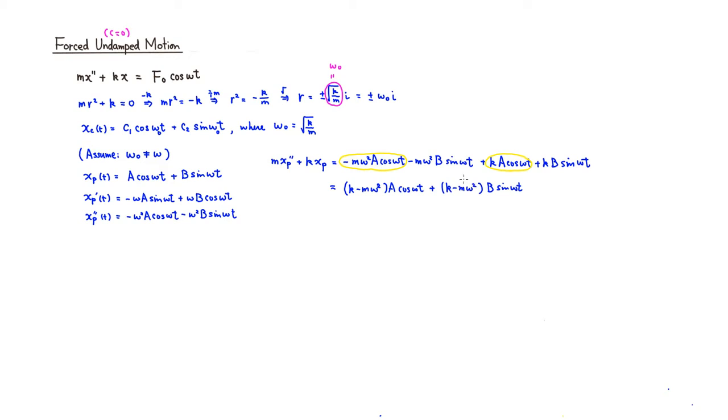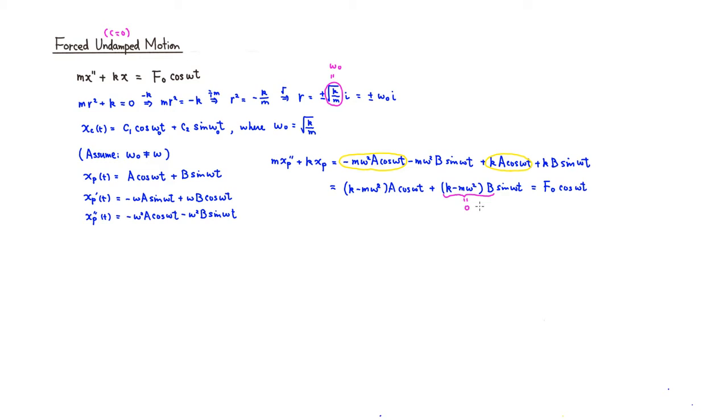But remember that this has to be equal to F0 cosine of omega t. Since the right hand side has no sine term, we have to make sure that the coefficient of the sine of omega t is equal to 0, right?